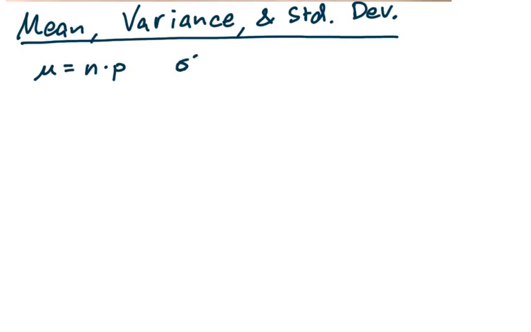For the variance, sigma squared, this is going to be NPQ, N times P times Q. So that's pretty nice. And then the standard deviation, sigma, is just the square root of sigma squared. But oftentimes we're just going to be using sigma itself. So we'll just say it's the square root of N times P times Q.